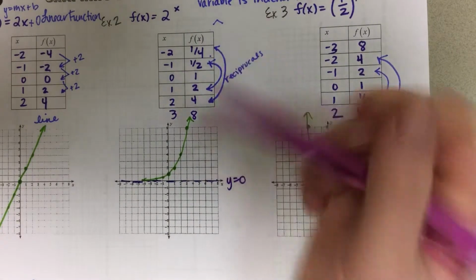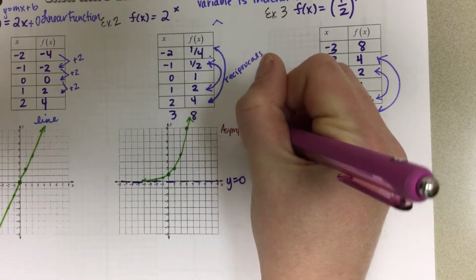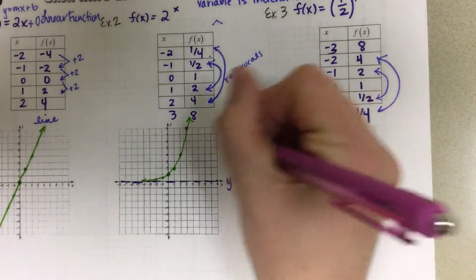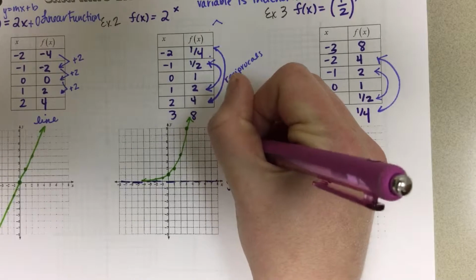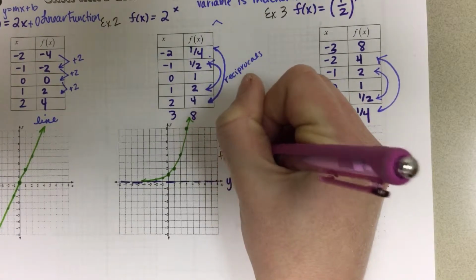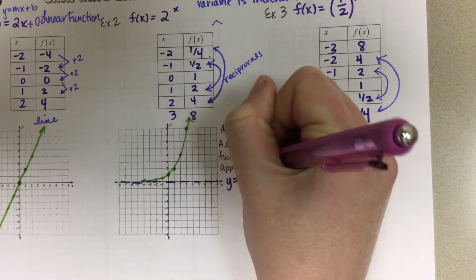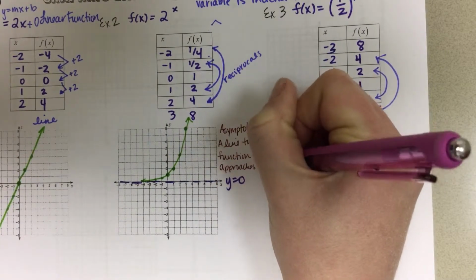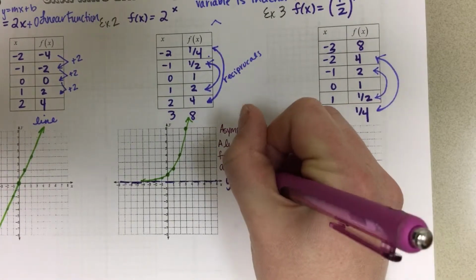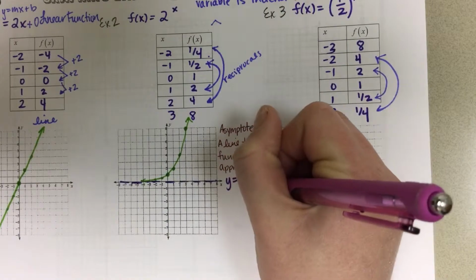Now, when we're talking about an asymptote, we're talking about a line the function approaches, but does not reach or touch.